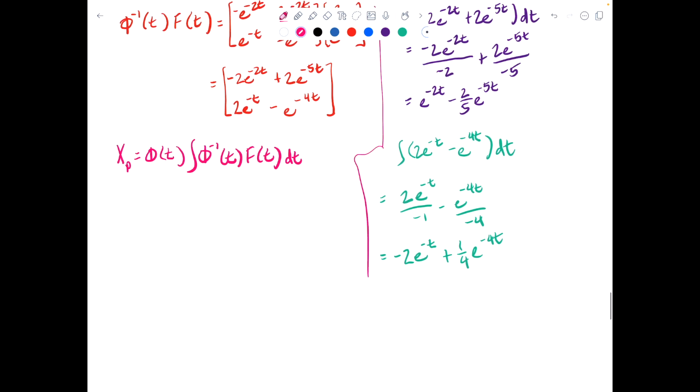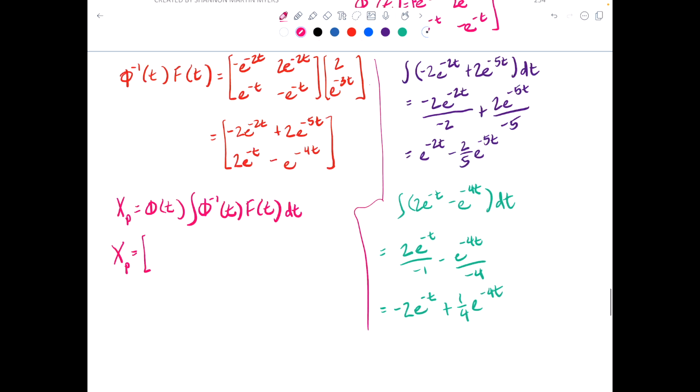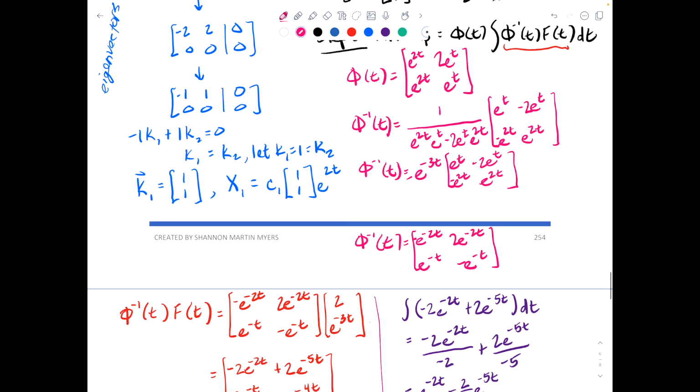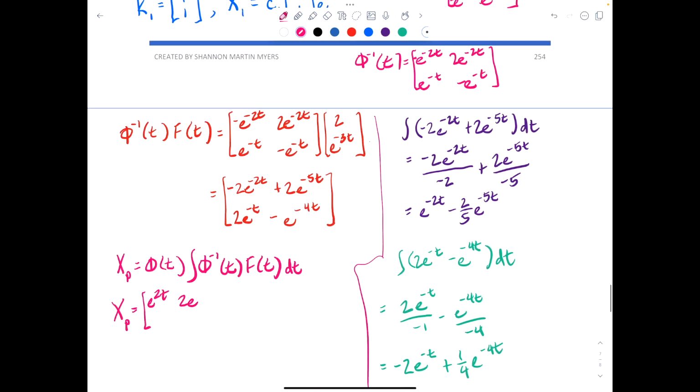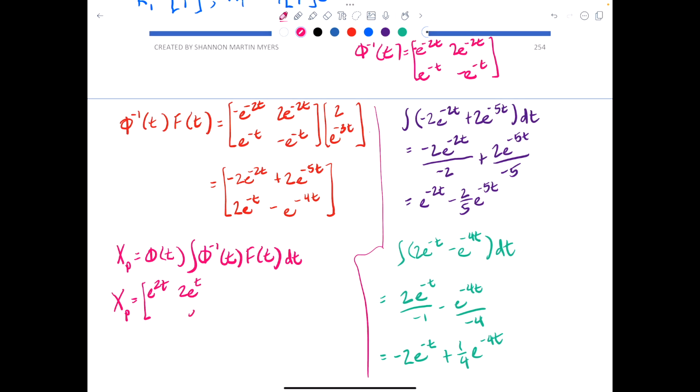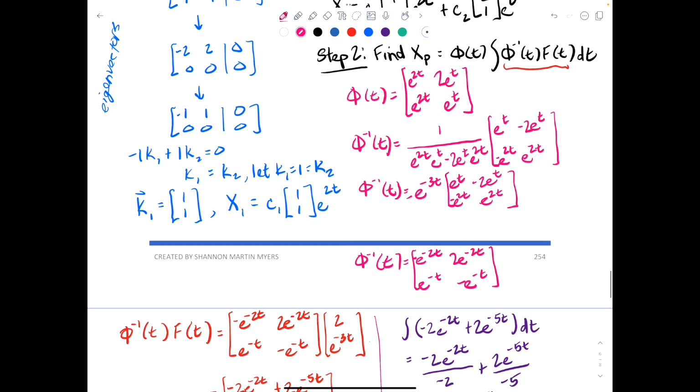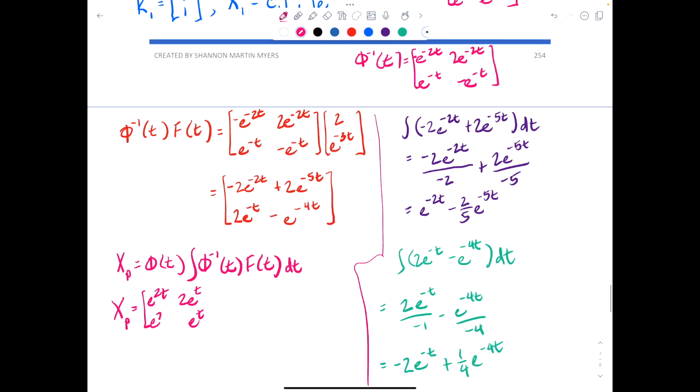And so x at p, or x sub p, will be phi at t, which was up here, e to the 2t, 2e to the t, and e to the 2t.